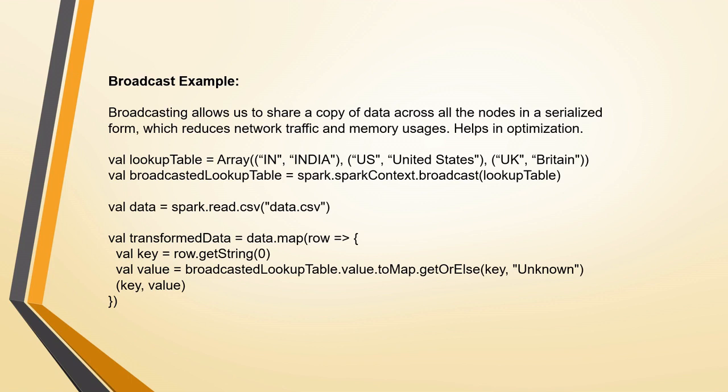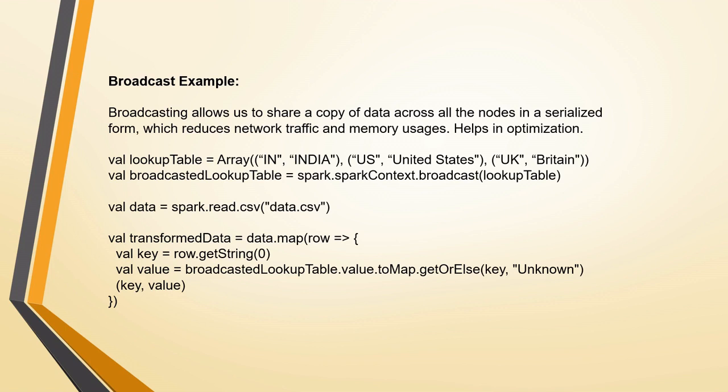The serialized object is stored in a compressed format in the executor's memory, which helps to reduce the memory footprint. It allows each executor to efficiently access the broadcasted data during the execution of tasks without requiring additional network communication.